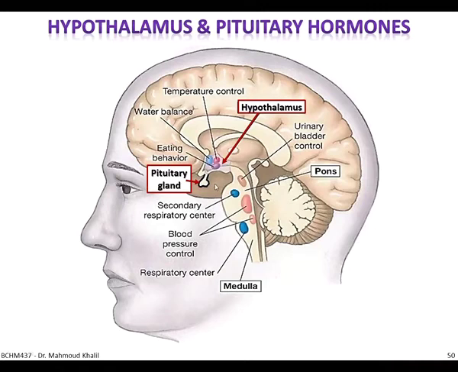So this is the pituitary gland. Actually, the pituitary gland is above the roof of our buccal cavity, our mouth. When you open your mouth, the pituitary gland is above this, and deep inside the brain you can see the hypothalamus.